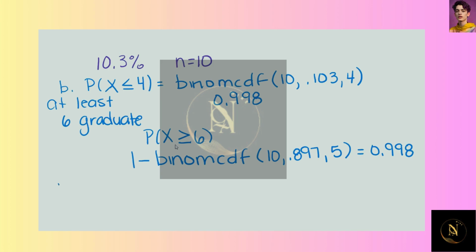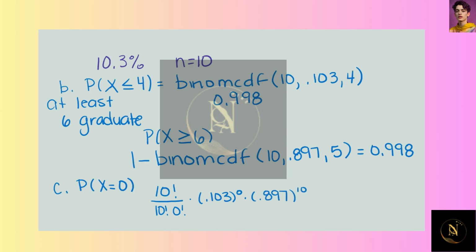What about the probability that all 10 stay in school? That means you are looking at the probability that nobody drops out. I'm going to do this one by hand so you can see how it's done, but you might also remember that we already found this probability in a previous example. So 10 factorial divided by 10 factorial, 0 factorial, times 0.103 to the 0 power, times 0.897 to the 10th power.